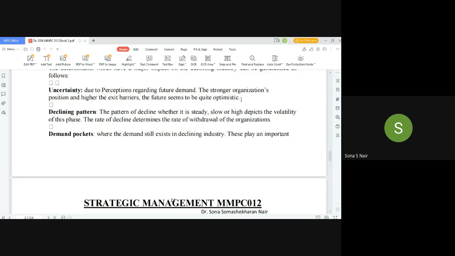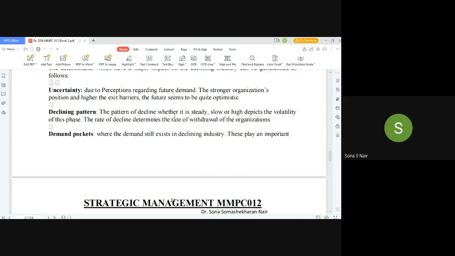Exit barrier is the cost of exiting the industry. If there is too much capital investment, if there are too many assets which need to be disposed of if you have to exit the industry, that is an exit barrier. So there are a lot of exit barriers and entry barriers in an industry. So the uncertainty in the industry will influence the number of competitors in the industry.